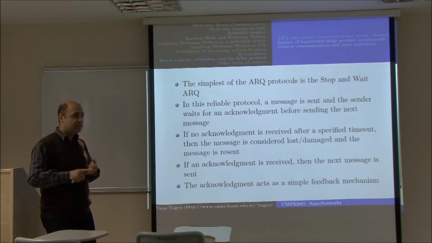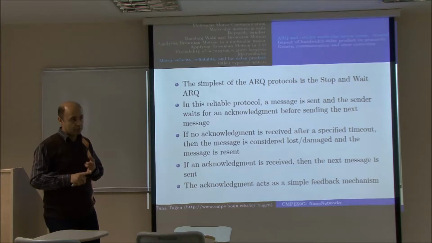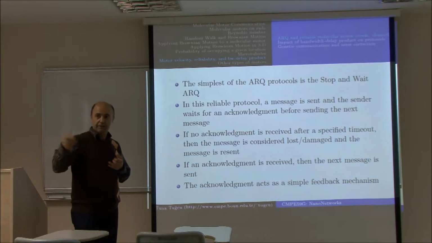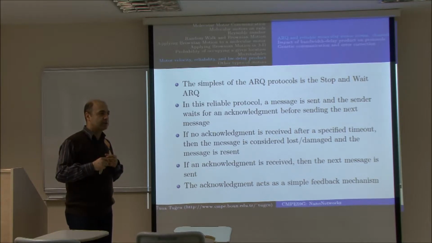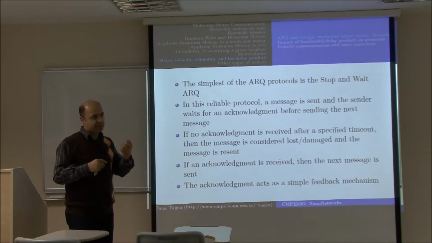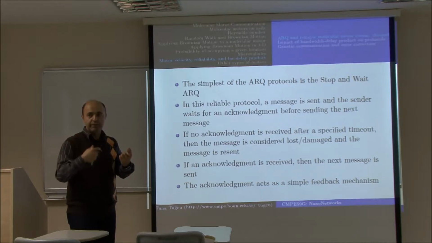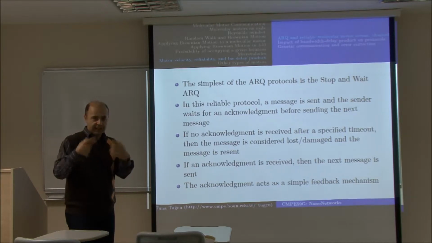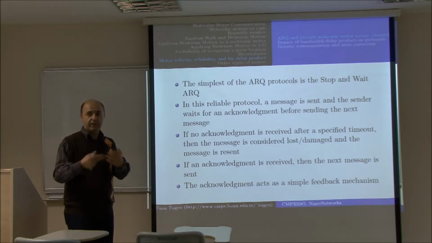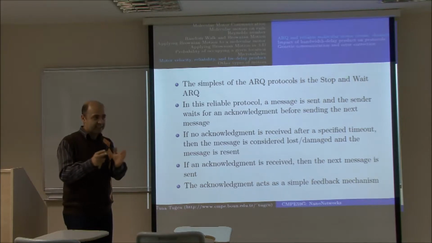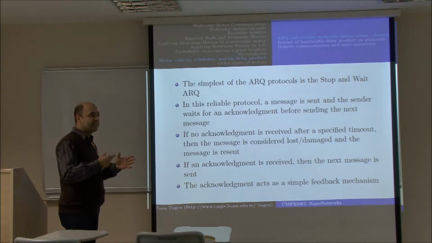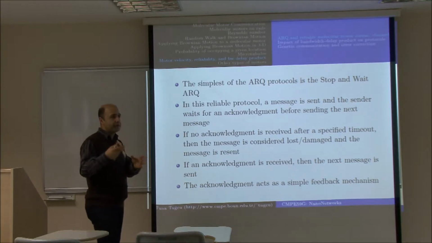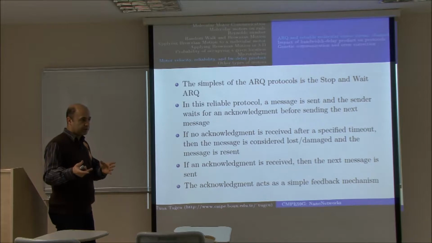But note that these retransmissions may cause duplicate packets in case of failures in acknowledgement. Okay? The original was received correctly, but acknowledgement failed, so I retransmitted. So the receiver now has 2 copies of this, and you have to detect that they're duplicates and ignore. Take only one and ignore all other duplicates. You might have multiple duplicates.